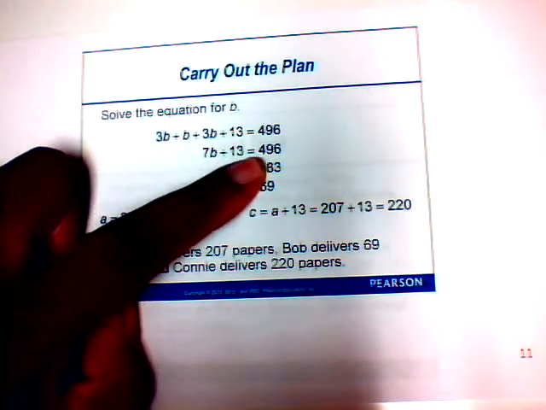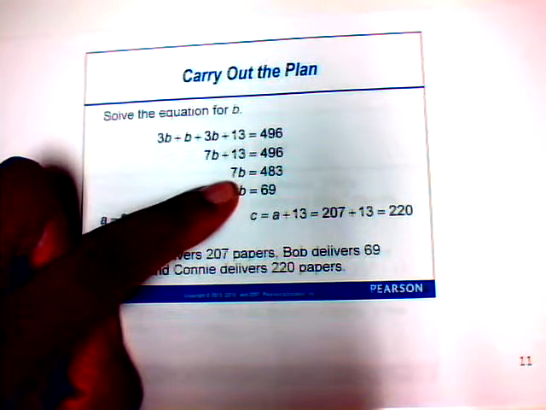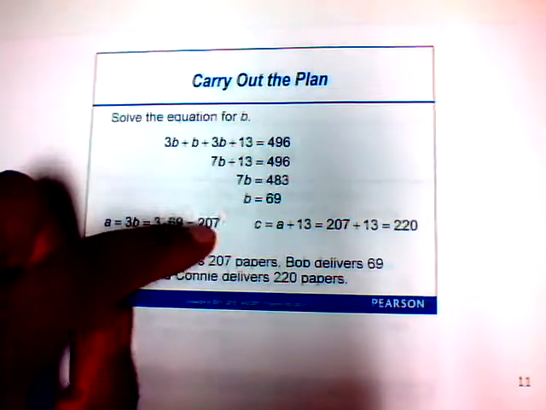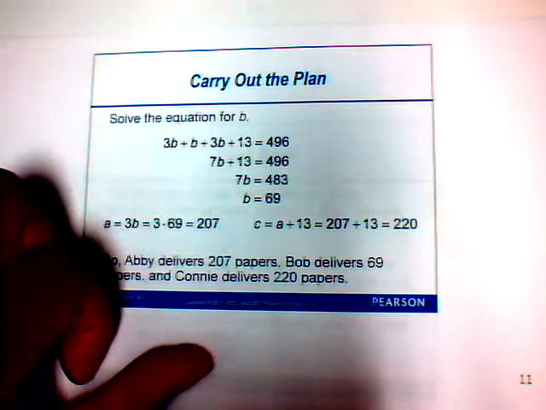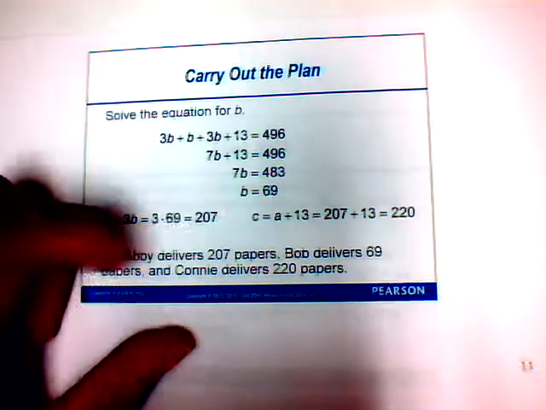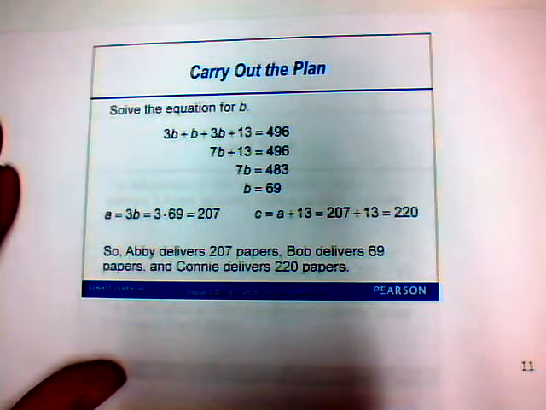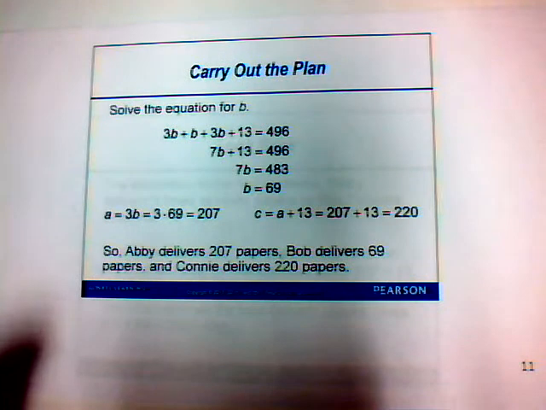You subtract 13 on both sides of this equation to get 7B is equal to 483. Then you divide both sides by 7 to get B is equal to 69. So the number of papers that Bob delivered is 69.